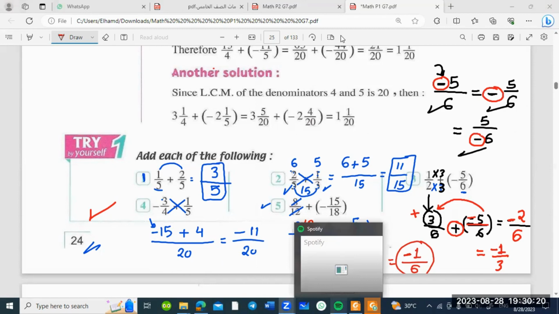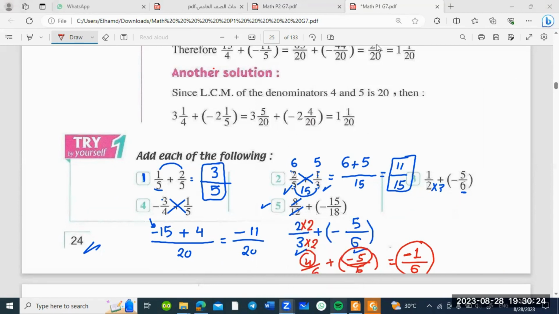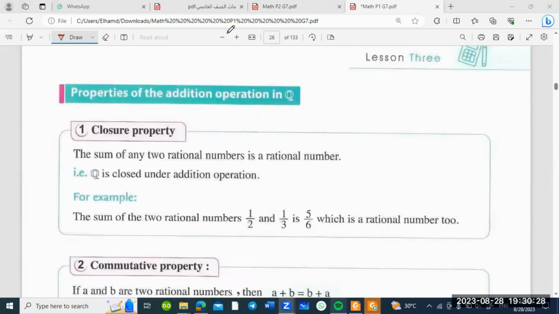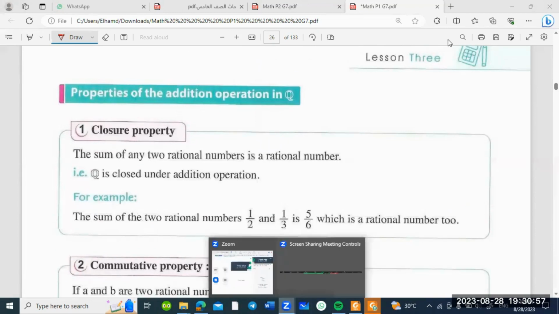Okay, let's move down. Do you know the properties of addition in general?